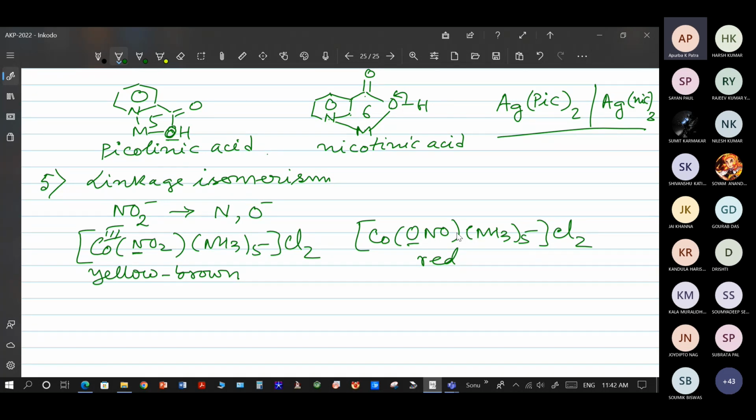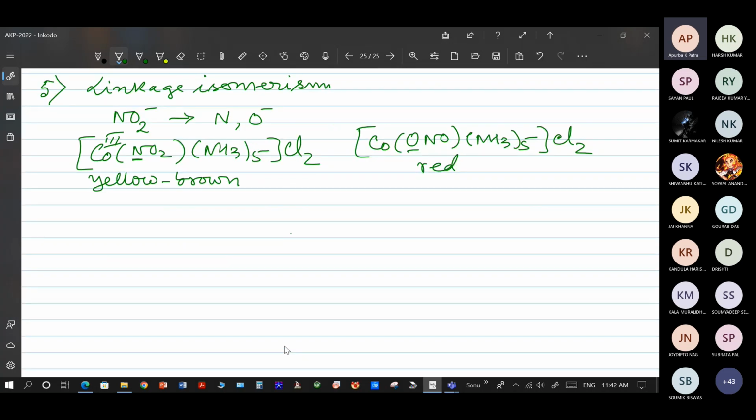Here I am going to give you one example. If you have K2[Pd(SCN)4], it is coordinated via the S atom.